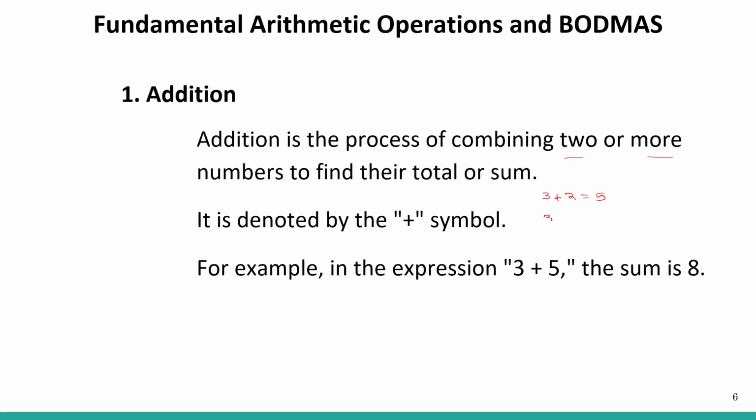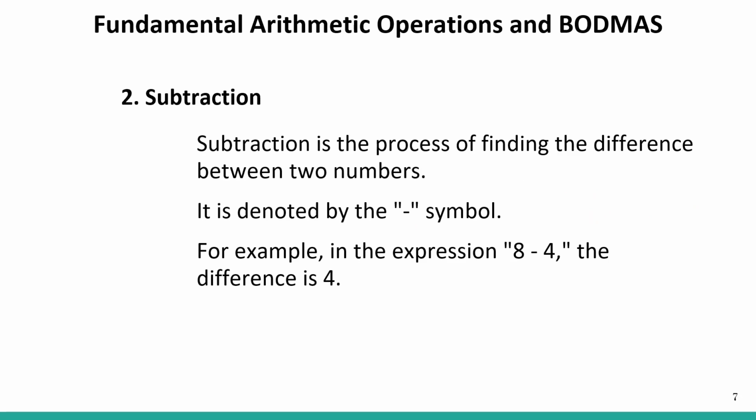If you are given three numbers, 3 plus 2 plus 1, you sum 5 plus 1 and get 6. Similarly, we can add n numbers, any finite numbers, and get their sum. It is denoted by the plus symbol. For example, the expression 3 plus 5 is equal to 8. The sum is 8.